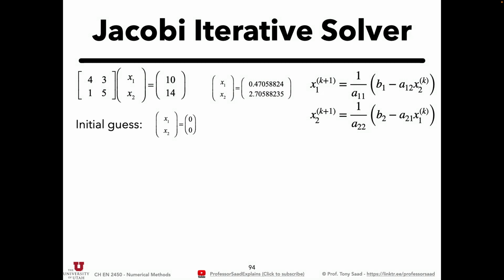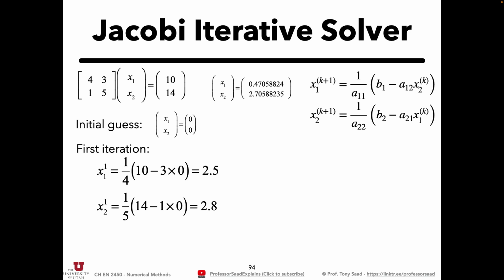So x1 is 0, x2 is 0 at the first iteration, k equals 0. You have x1, x2 equal here and x1 is 0 here from that equation. And you compute the new updated value. Okay? So do that equation by hand and then one more iteration after that. Okay?